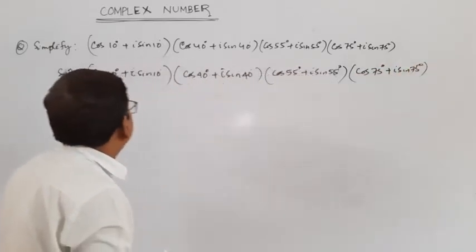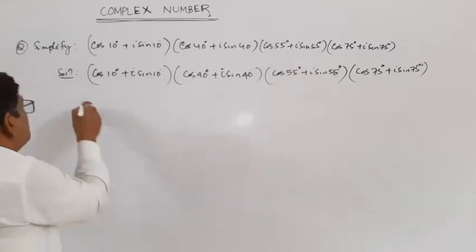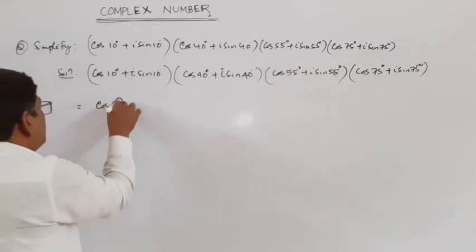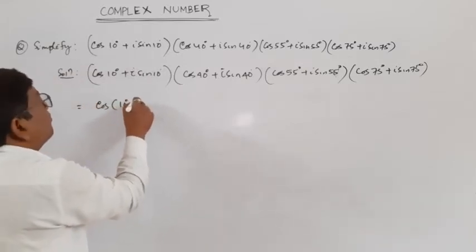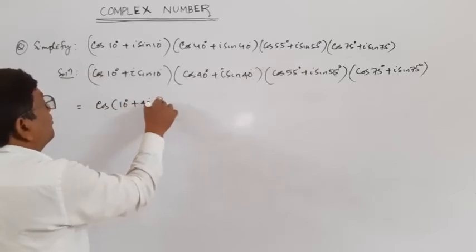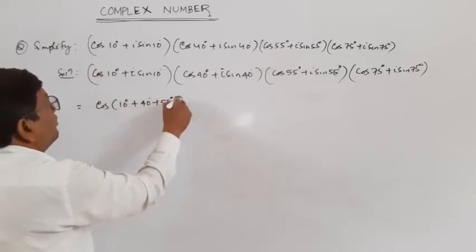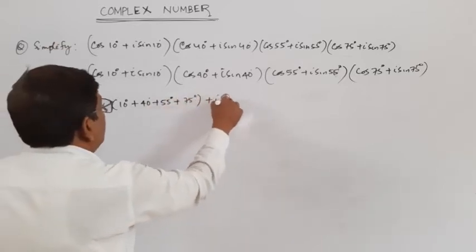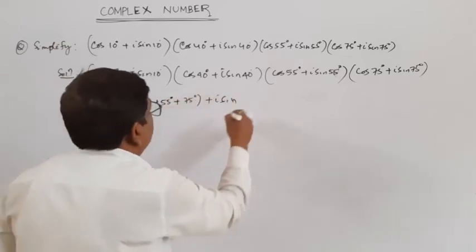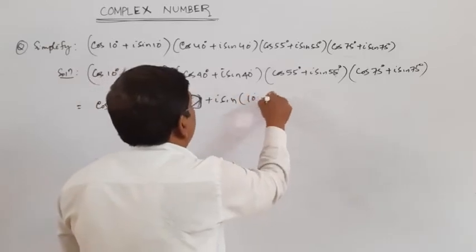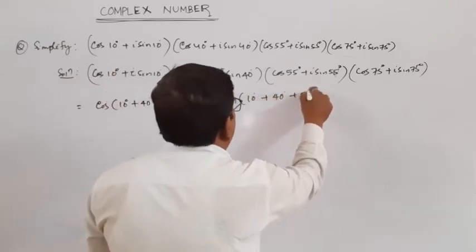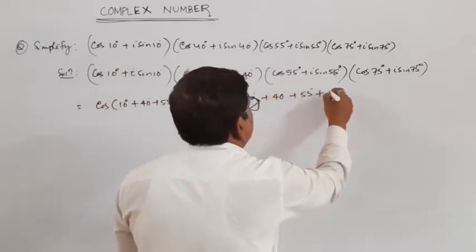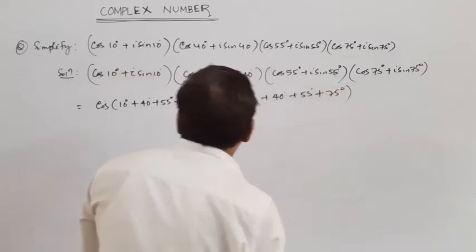From the previous formula, this will be cos(10° + 40° + 55° + 75°) + i sin(10° + 40° + 55° + 75°). So what will this be?